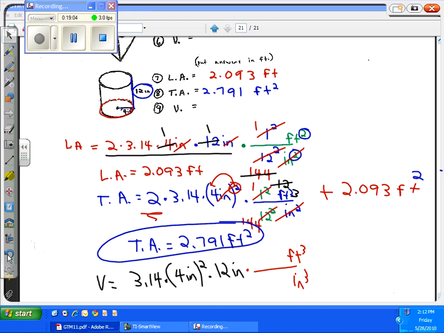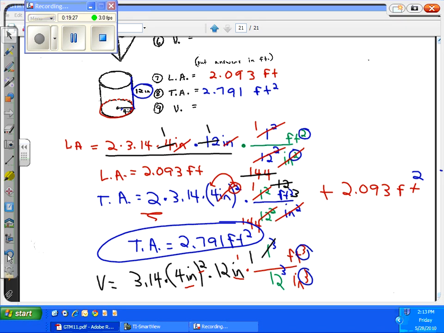We have inches square times inches to the first would be inches to the third. Volume is measured in cubic inches. The larger is feet. There's 12 inches in a foot, but we're not dealing with feet and inches. We're dealing with cubic feet, cubic inches, and so we cube our conversion.